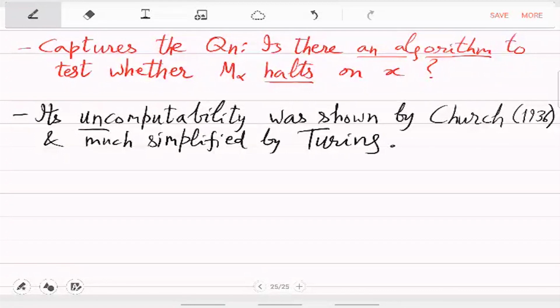So, Alan Turing, when he defined this machine, which we now call Turing machine, the proof of the halting problem being uncomputable became very simple, as you will see now.